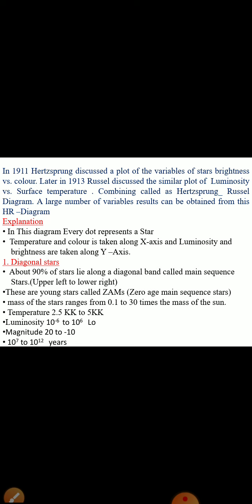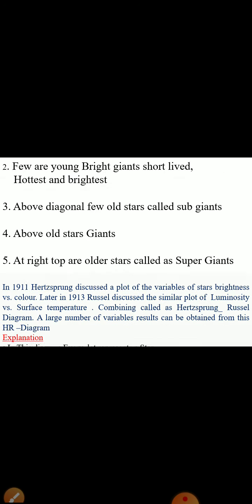Luminosity varies from 10 to the power of minus 6 to 10 to the power of 6 times the luminosity of the sun. Magnitude ranges from 20 to minus 10. Here, magnitude represents the brightness. You should remember it. The average age of the stars of this group is 10 to the power of 7 to 10 to the power of 12 years.